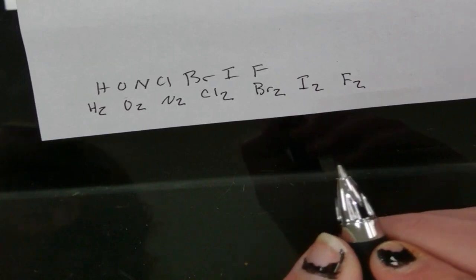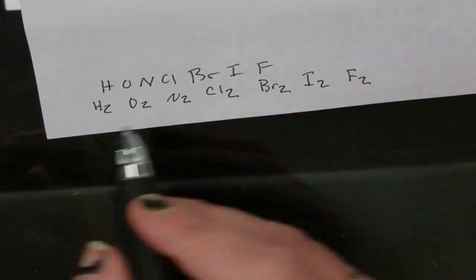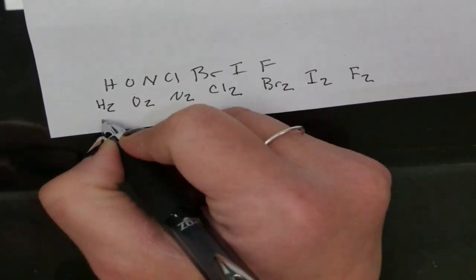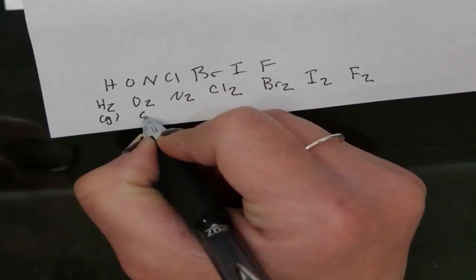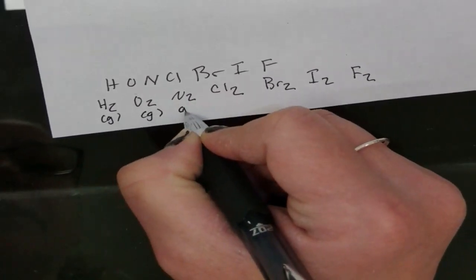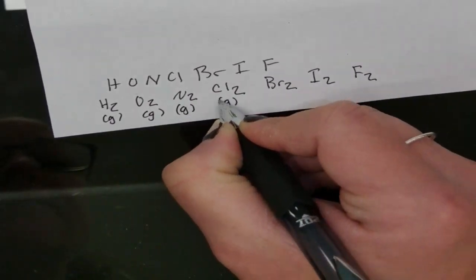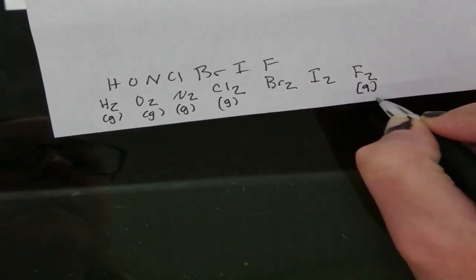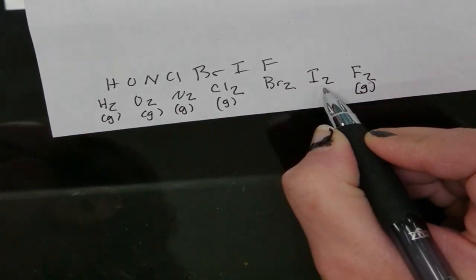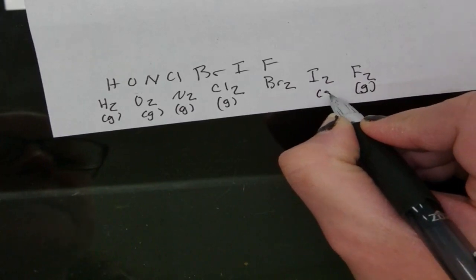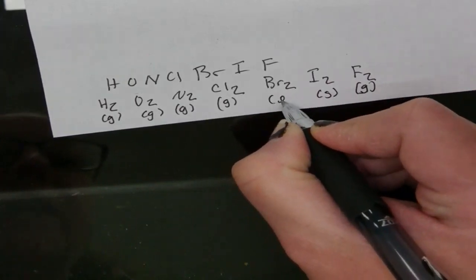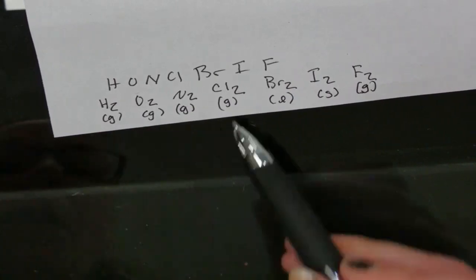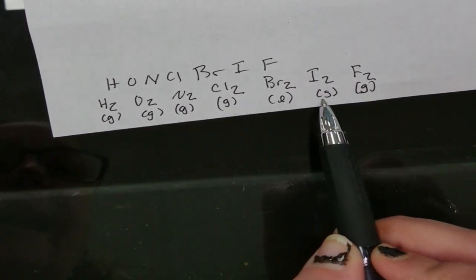Now, some important things to remember. Most of these diatomic elements are a gas at room temperature. Iodine is going to be a solid at room temperature, and bromine is a liquid. So that's important to know here. Bromine is a liquid, iodine is a solid.